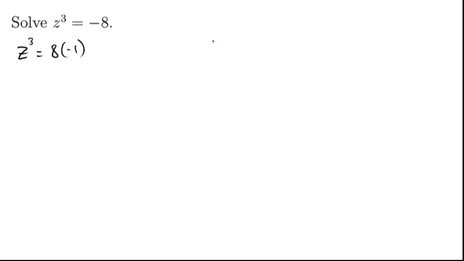If we're writing this in polar form, negative 1 is in this direction. This is the negative 1 direction. This direction here is a positive 1. So first of all, we can clearly see that in this direction, this is the angle 180 degrees, or pi if you are using radians.